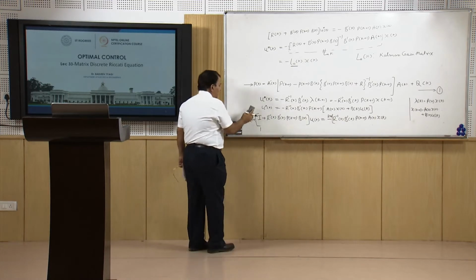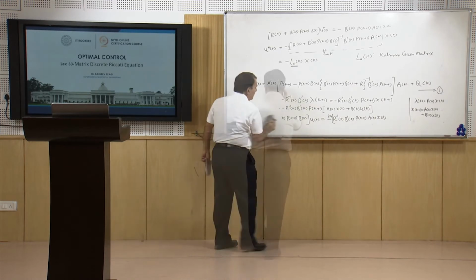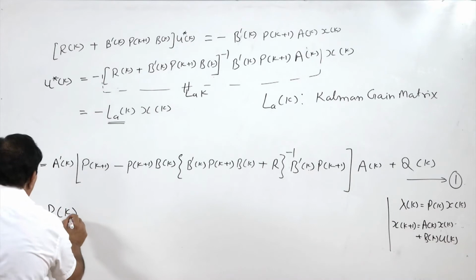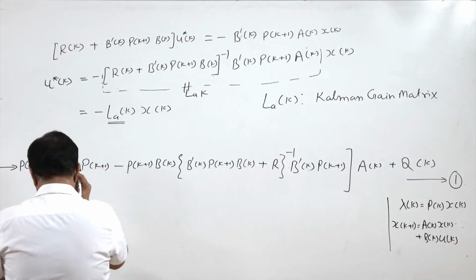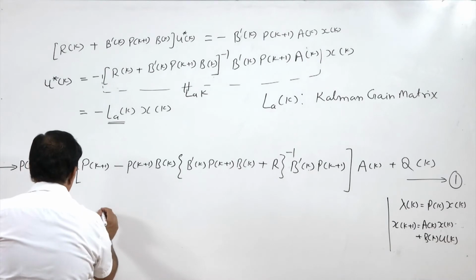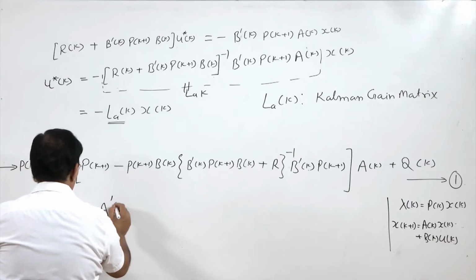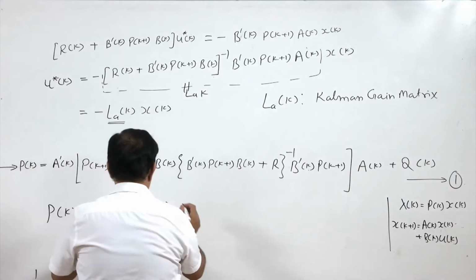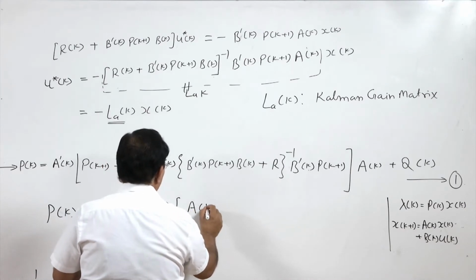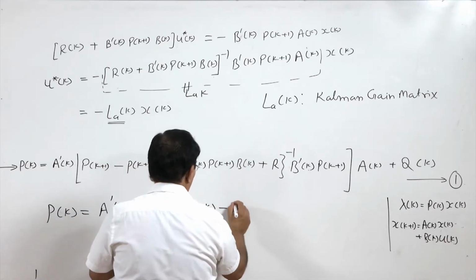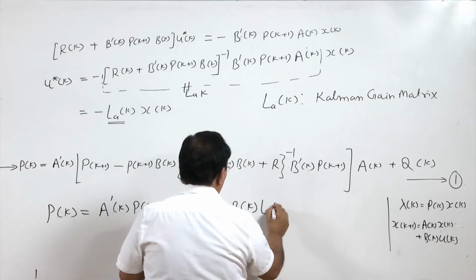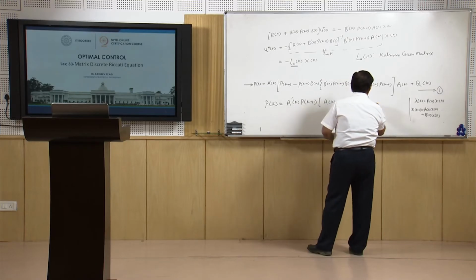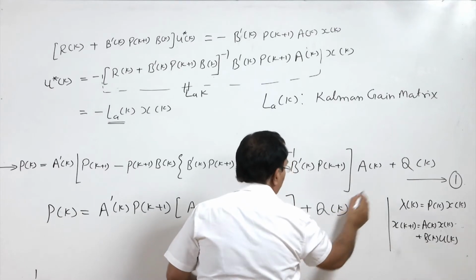Now this P(k) we can also represent in terms of L. If we simplify this P(k), it can also be represented in this form, plus Q(k), the last term.